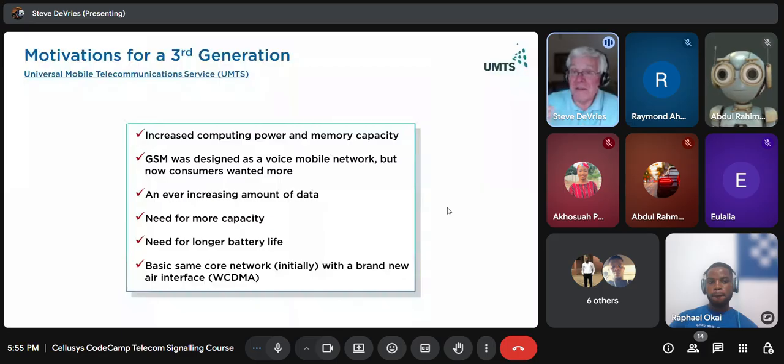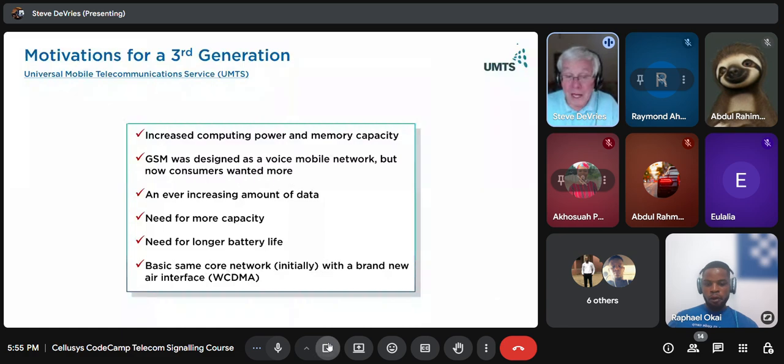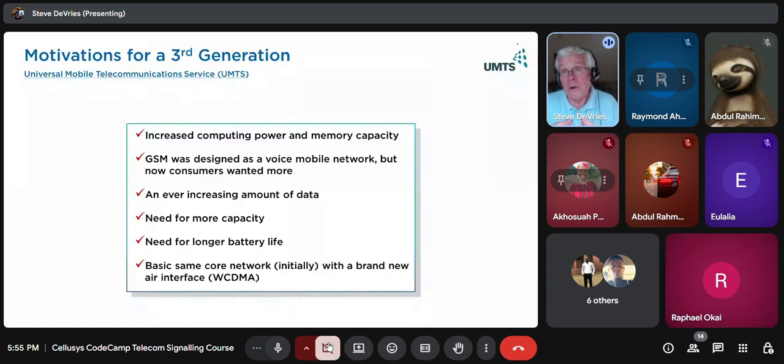Don't think of it as video; that's not until really 4G. But people were starting to use their mobile phones for downloading emails and documents, and just more and more data as time went on. There was a need for more capacity, and a need for better battery life. So 3G was designed really for this.